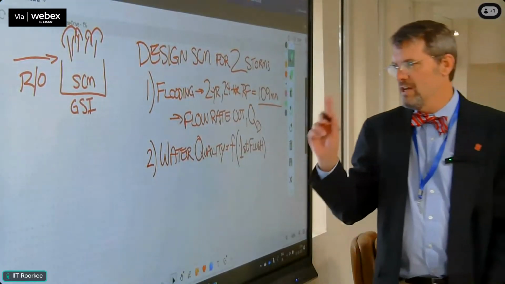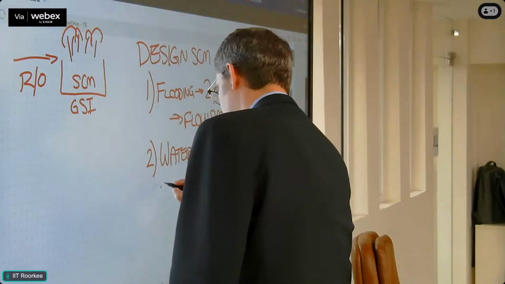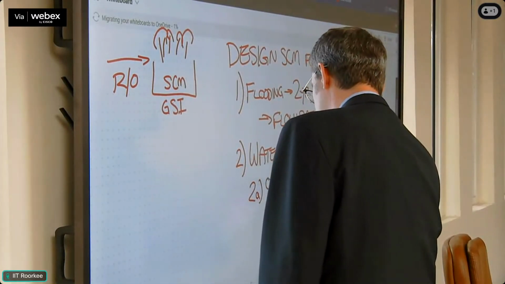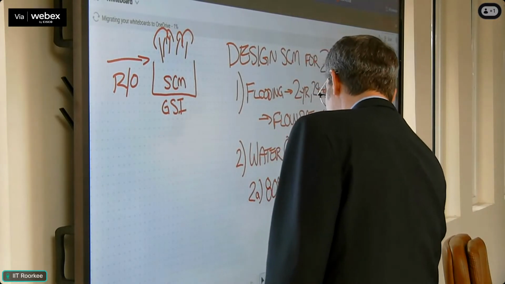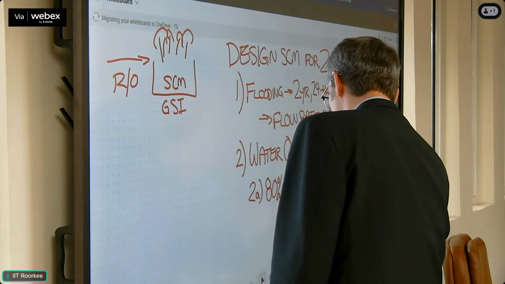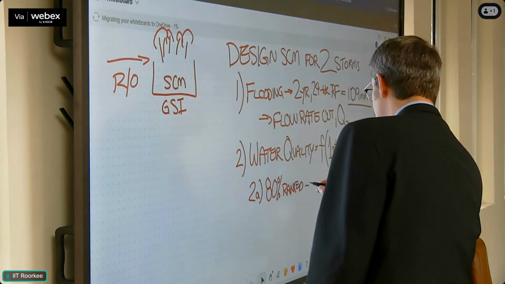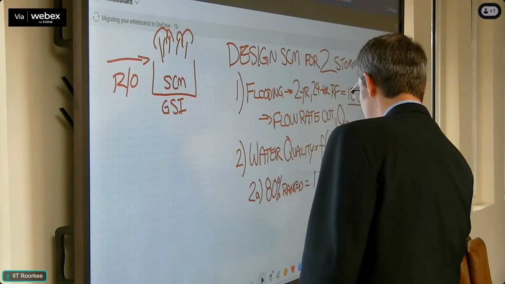All right, so option A is that if you rank all the storms, the 80 percentile ranked storm event is 17 millimeters, all right?